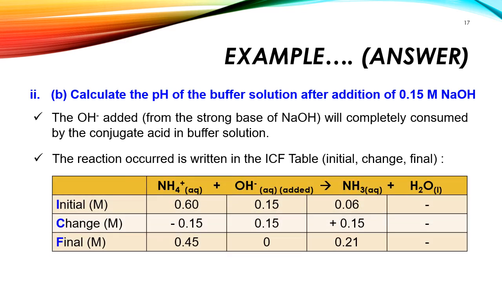The ammonium ion reacts with OH- to form ammonia and water. Since the strong base added is only a small amount, the OH- will be the limiting reactant. Finally, the ammonium chloride remaining after the reaction is 0.45 molar and ammonia is 0.21 molar.